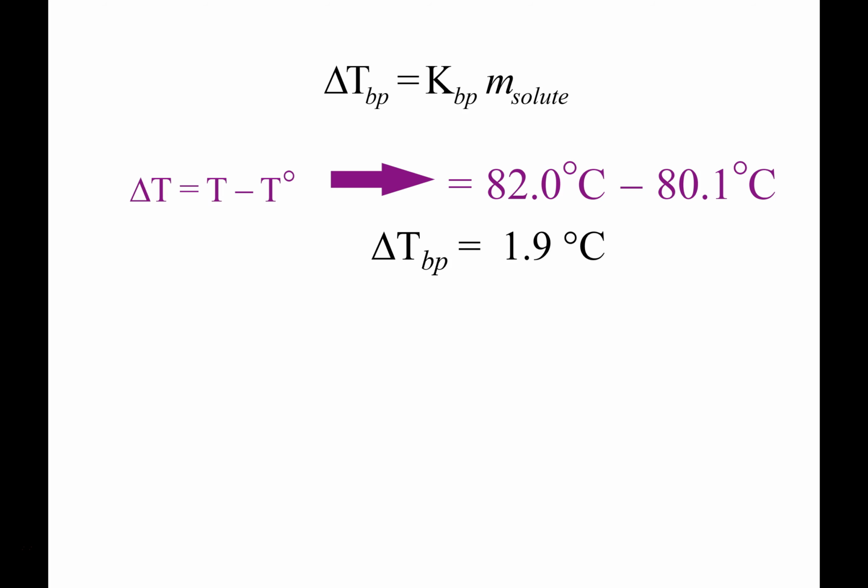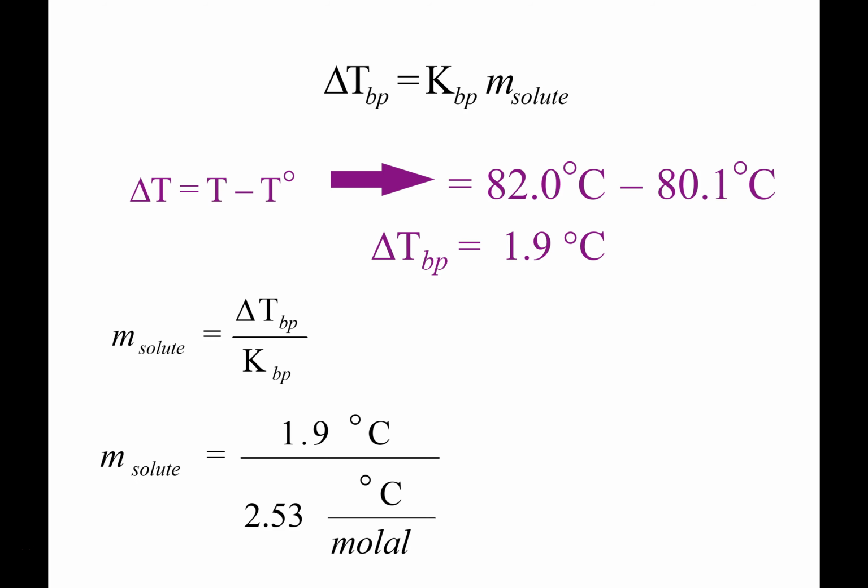Once we have delta T BP, we already have K BP, so we can knock out molality. If we rearrange that top equation, the molality of the solute will be the change in boiling point, the delta T BP, divided by the K BP. So we plug in our delta T BP and divide by our K BP.